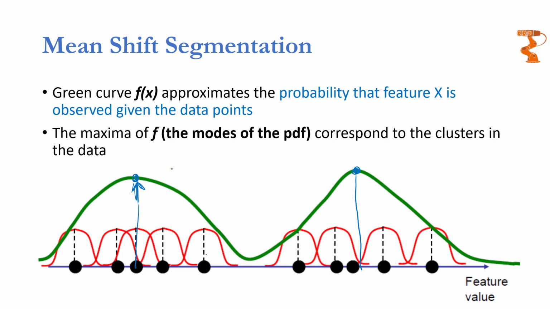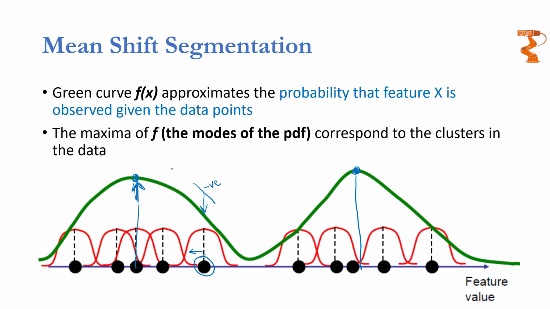So to which peak will this point correspond? To find out, you need to move this point in the direction of the gradient of the green curve. For example, over here, the gradient of the green curve is negative. So you need to move this point in the negative direction. So this point will move in this direction.